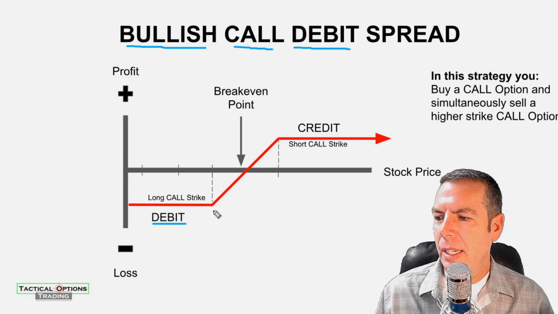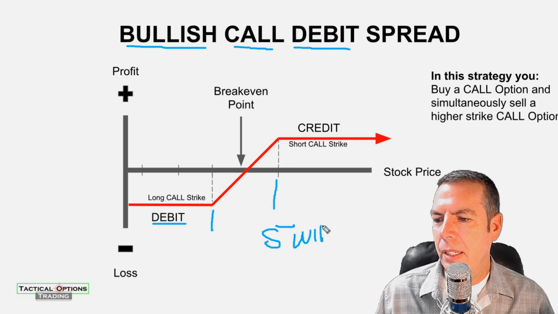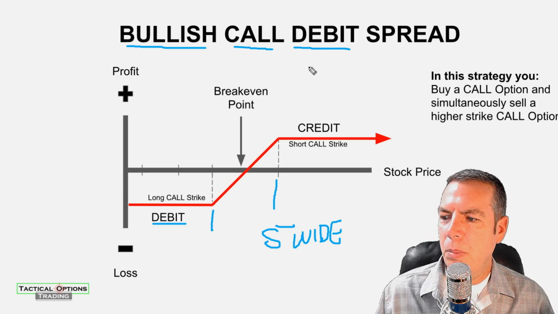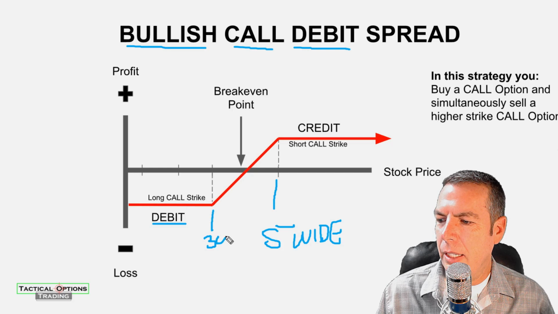So let's say that difference was $5. We had a $5 wide spread. To find the break-even point on this one, because it's a debit spread, we have to know what our strikes are. Let's say this was the $30 strike and this was the $35 strike.